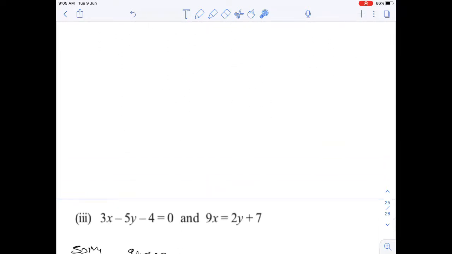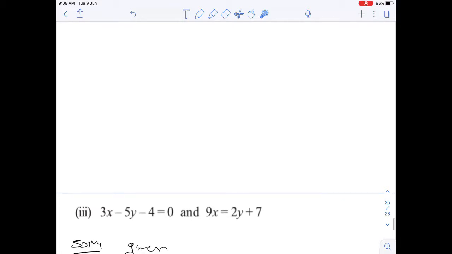Now look at example number 3. We have 3x minus 5y minus 4 equals 0 and 9x equals 2y plus 7. As I told earlier, we have to keep the constant term on the RHS. On the left hand side only variable terms must be there. So we will move this minus 4 to the RHS, so it will become plus 4.